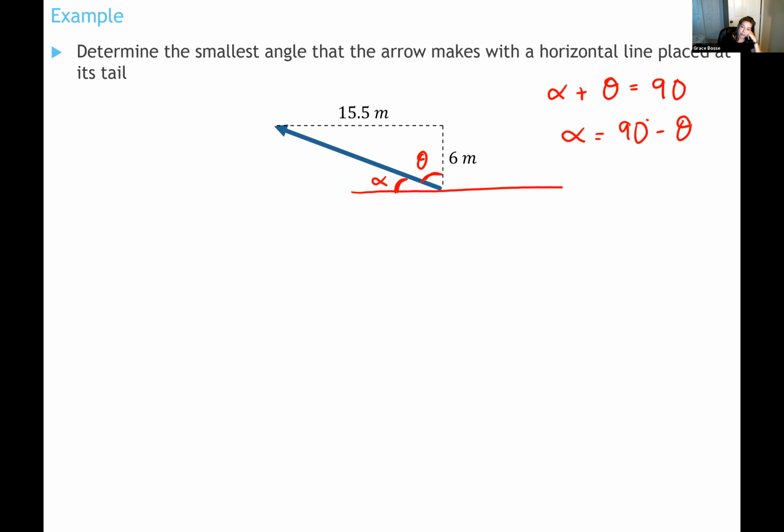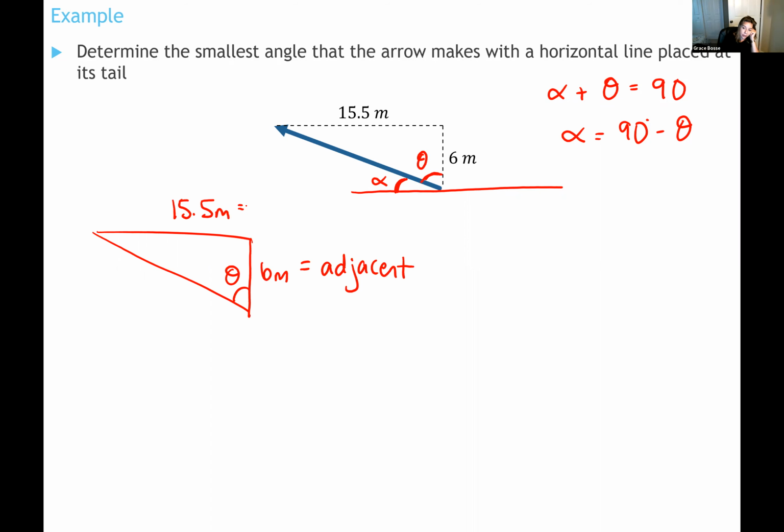So let's do some trig and solve for theta. So I'm going to redraw this triangle just so we can see it a little bit better. Based on the angle that's labeled here, I would say that that vertical side, that is my adjacent side.